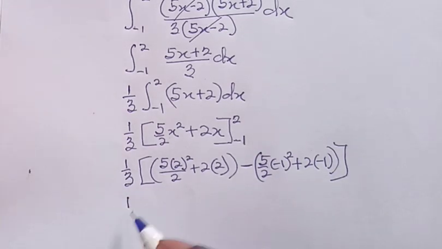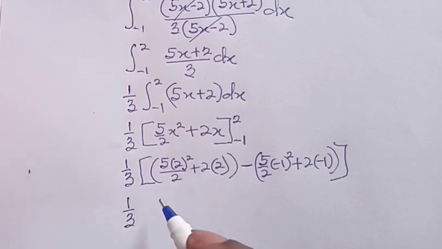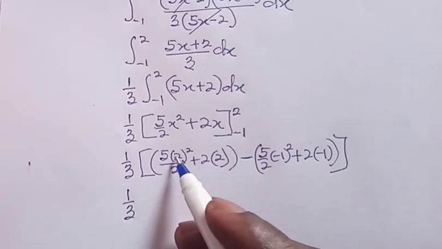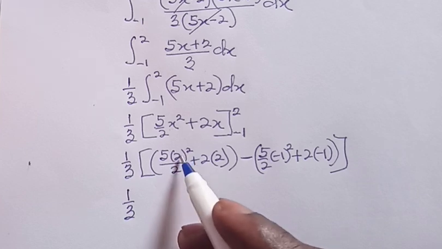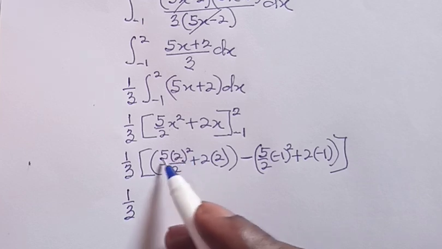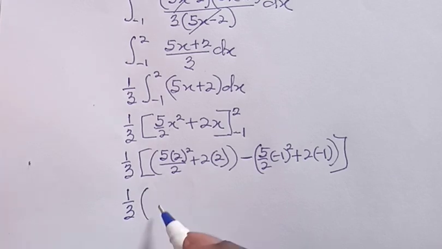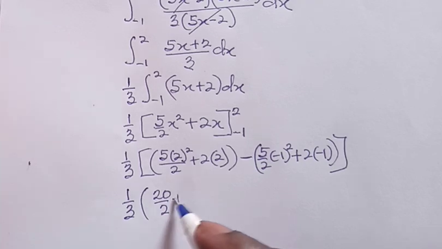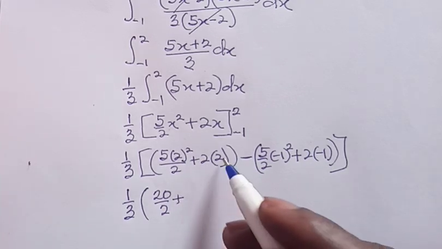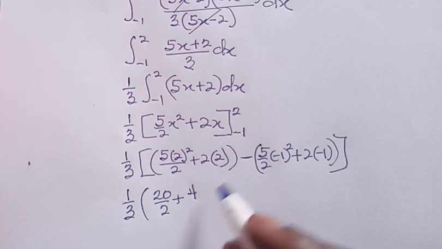So we can write 1/3 out. 2 squared gives us 4. 4 times 5 gives us 20. So we write 20 divided by 2, plus 2 times 2 gives us 4.